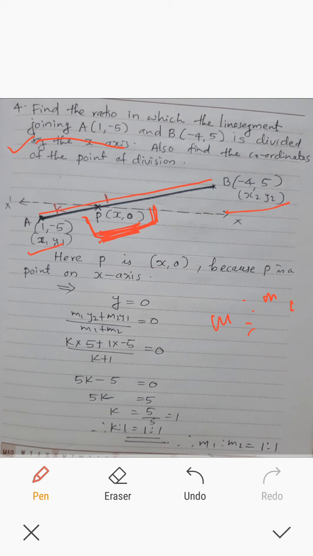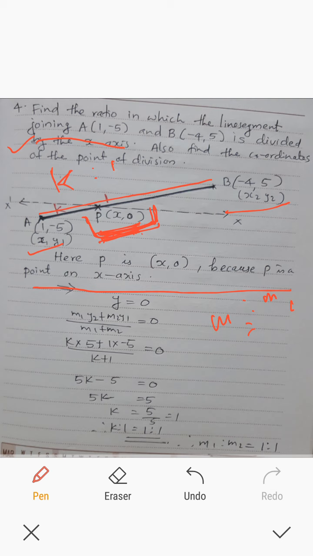Now certainly we can find the ratio of division. As in the previous problem, we proceed. Let the ratio be k is to 1. Here P is (x, 0) because P is a point on the x-axis. The coordinates of P are (x, 0): x is a variable and 0 is a constant, meaning the y coordinate is the constant.